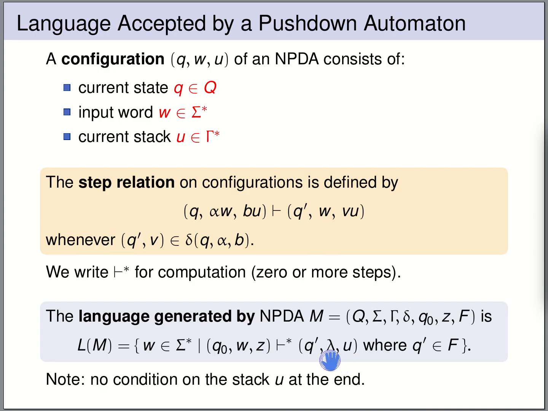The input has been completely consumed, so nothing is left of the input, and the stack content can be arbitrary. So all we require is that, started in the starting state with the input word and stack content Z, there is a computation that brings us to a final state while having consumed all the input. There is no condition on the stack content for the language of the NPDA.